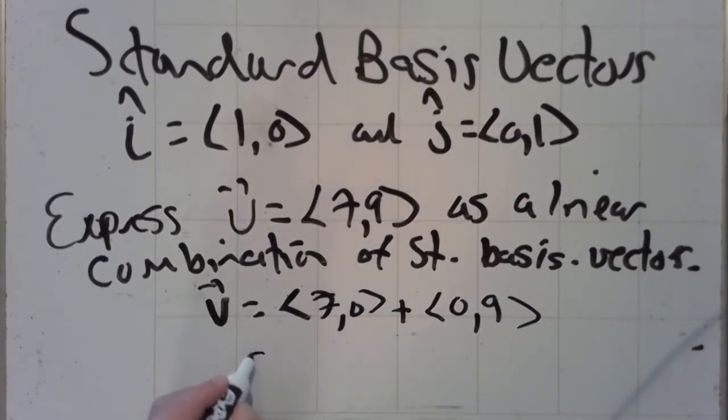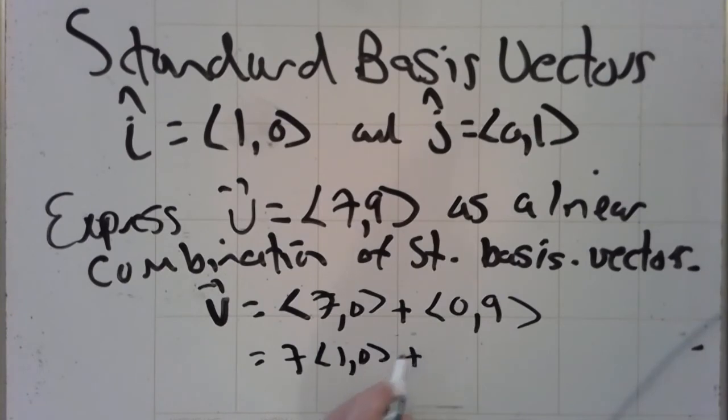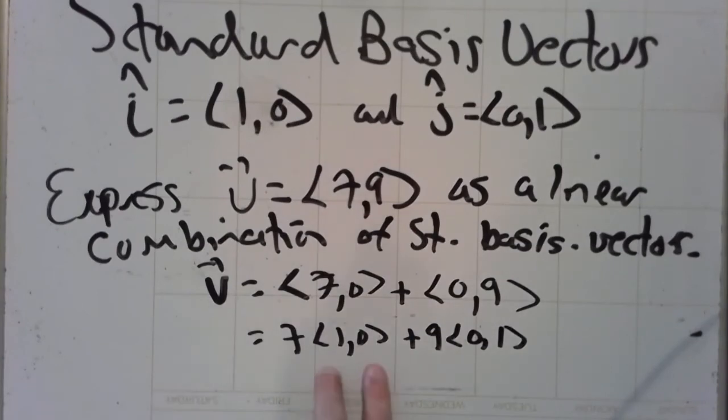Now I could write this guy as 7 times (1, 0), pulling out that scalar 7, and play the same game here, writing this guy as 9 times (0, 1). But that right there is what I called i, and that right there is what I called j. So I could write v as 7i plus 9j.